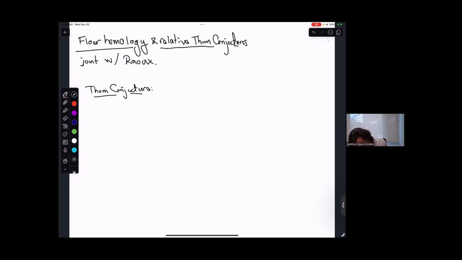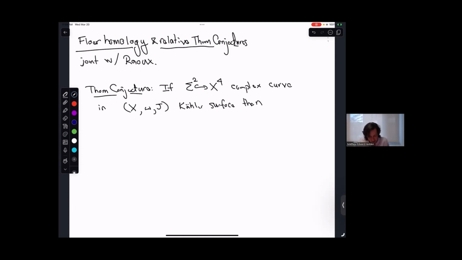So if sigma is a smooth surface, which is say a complex curve, and X, omega, J is a Kähler manifold, then it minimizes genus in its homology class, which we could phrase as: its negative Euler characteristic is less than or equal to that of any other surface which is smoothly embedded and shares its homology class in H2.